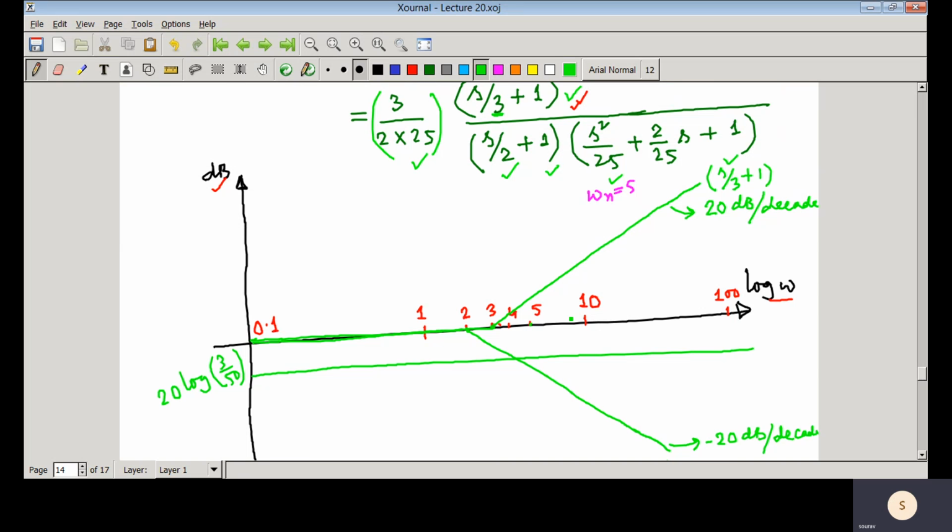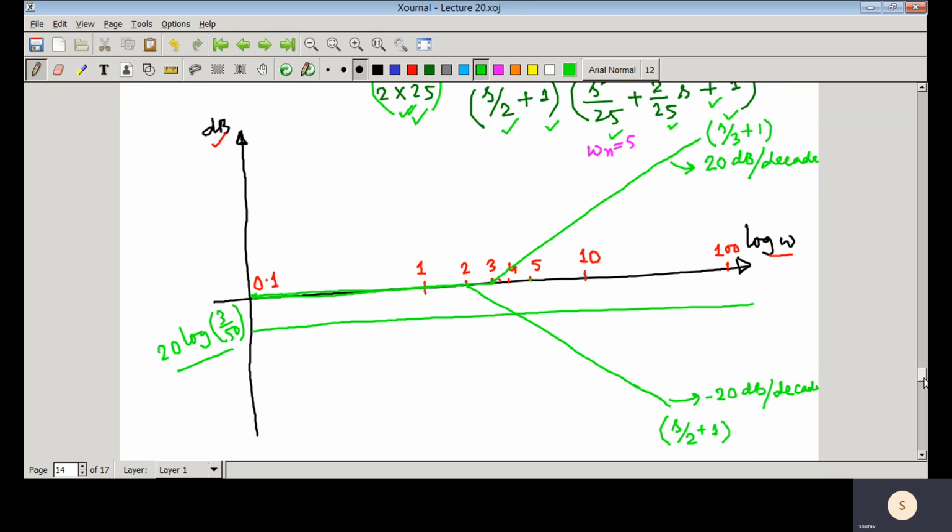We have taken that 25, the omega n square term, and already we have plotted the 20 log 3 by 50. For the second order term in the denominator, we can see that it goes like this.